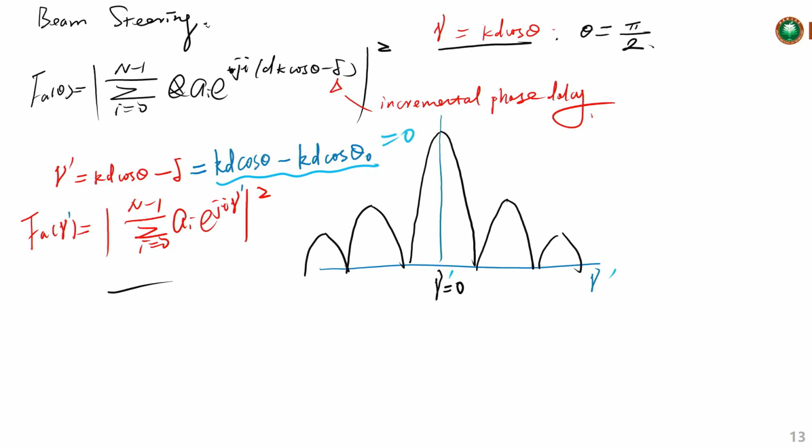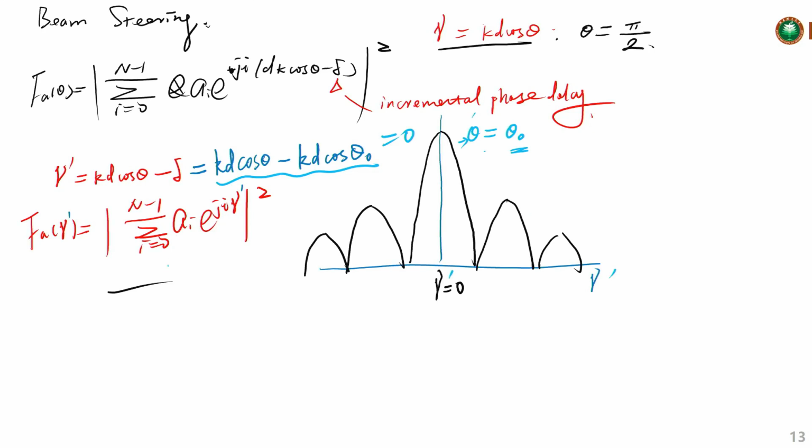So how can it achieve 0? That means theta equals theta node. It's going to achieve this part. So the main beam, the main lobe, directs to theta equals theta node.